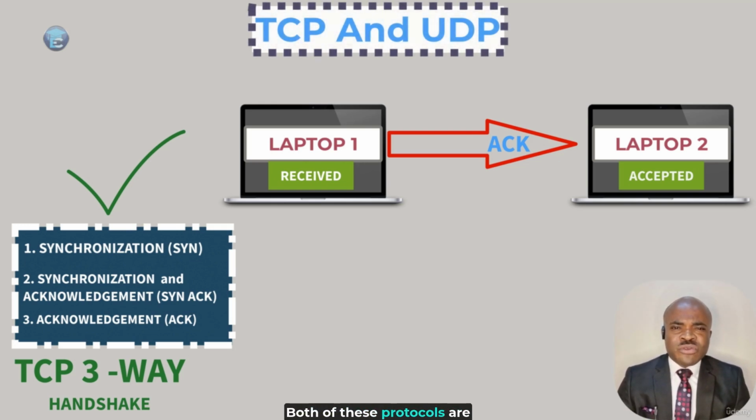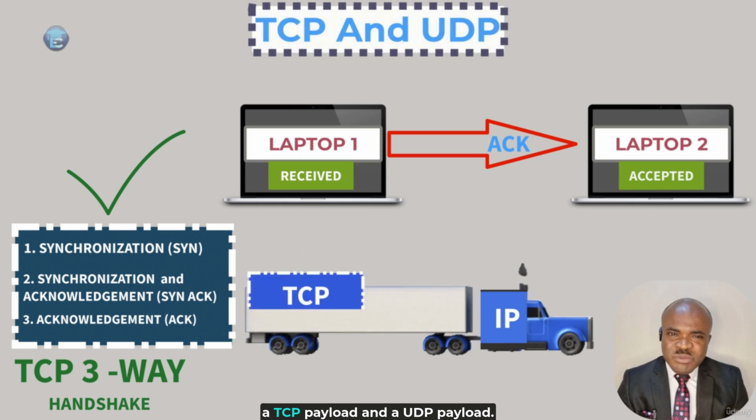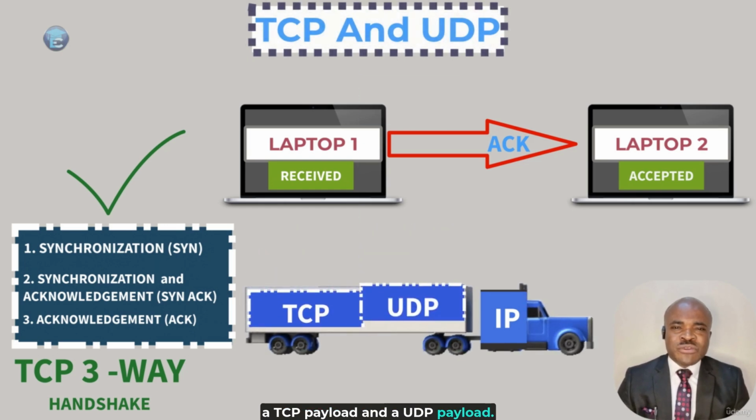Both of these protocols are, however, transported via an IP packet. The IP packet will have a source and destination IP address inside either IP version 4 or IP version 6, and the packet will contain either a TCP or UDP segment containing our actual data. So think of IP being like this truck, and we have a couple of payloads, a TCP payload and a UDP payload.